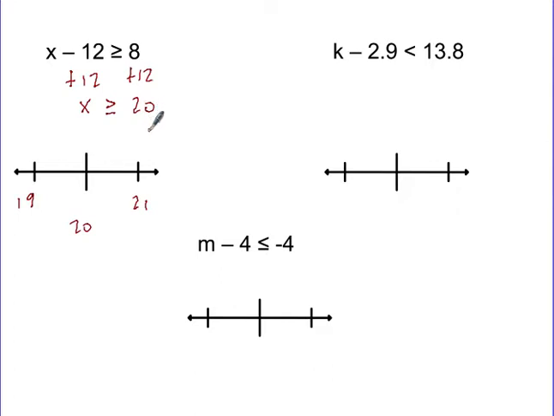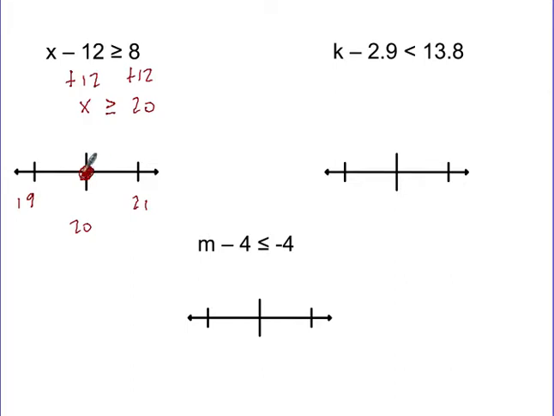And then you're going to have to put some symbols. So what kind of symbol do I put at 20? A dot, and then, open circle or closed circle? If it has the equal sign, it has to be a closed circle.